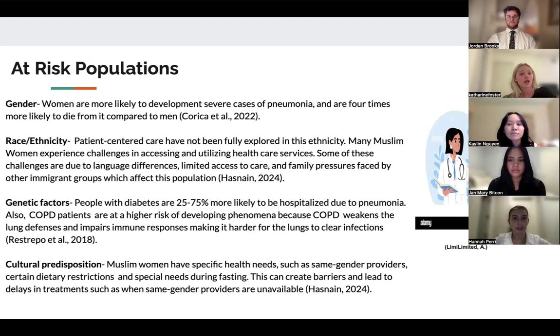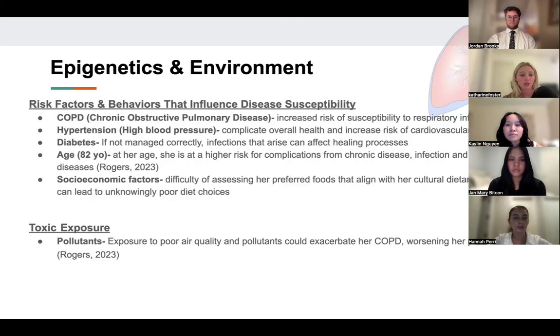And then this can create barriers to care and delays in treatments, like when same-gendered providers are unavailable. Then also we know when these needs are overlooked, it can compromise the quality and effectiveness of care, increasing health risks and complications. Now Hannah is going to be talking about epigenetics and environment.